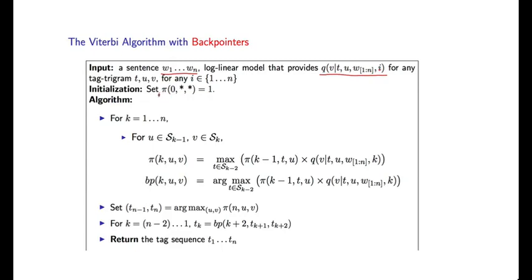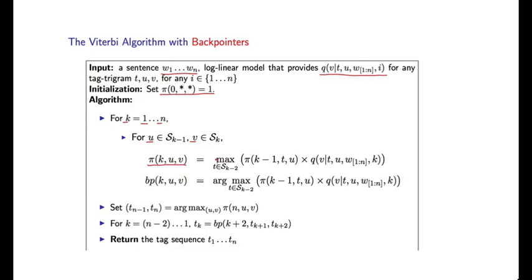In the initialization step, we set pi_0(*, *) equal to 1. And then we do the following. For every position k in the range 1 to n, we consider all possible tags, u at position k-1 and v at position k, and we're going to fill in the value for pi_k(u, v).